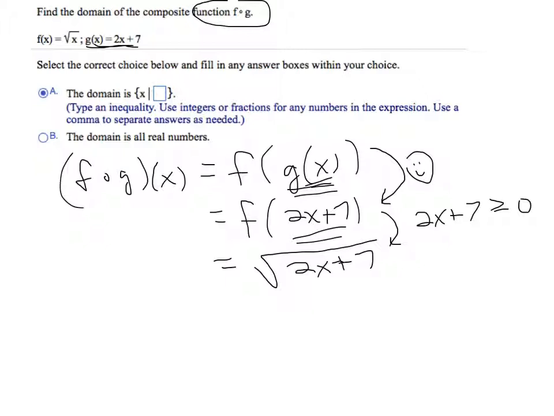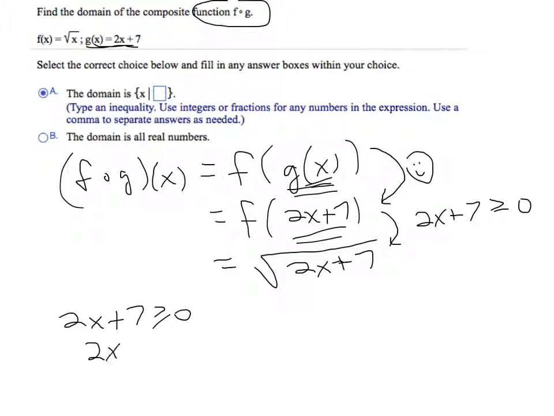And so to find the domain of this function, we have to consider both of those things. Fortunately, the first step means we don't have to think about it. But the second step, being the inequality 2x plus 7 greater than or equal to 0, is a description, but we could write it in a way that's easier to input as an interval, or in this case a set notation, by solving this for x.